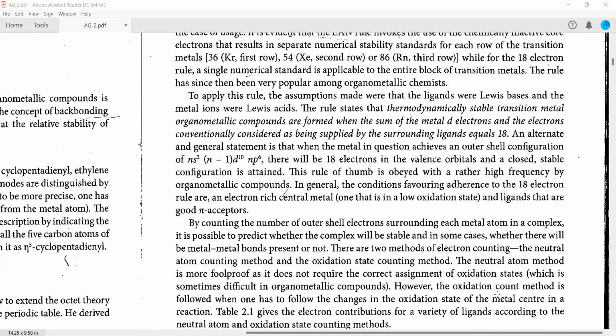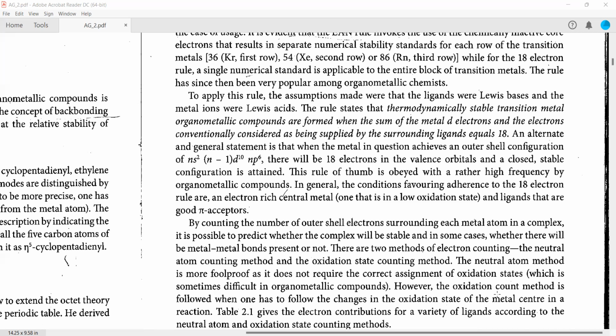In that case you consider that the lone pair contributes electrons, and a negative charge also contributes electrons, and that is how you count. But in the oxidation state method, you need to determine the oxidation state well before counting the electrons, which is sometimes very difficult. After counting the electrons, you can get some idea of the oxidation state by questioning the stability of the metal complexes, but beforehand you cannot always tell the correct oxidation state of the metal center. So it is always good to use the neutral atom method, because you don't need to know the oxidation state of the metal beforehand.